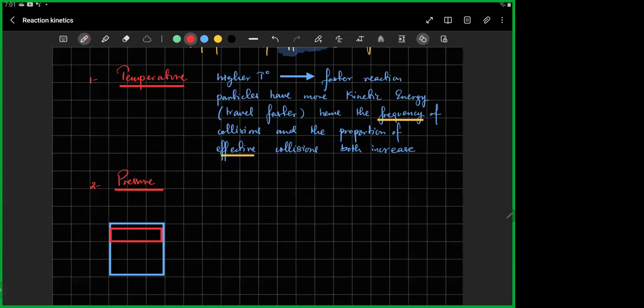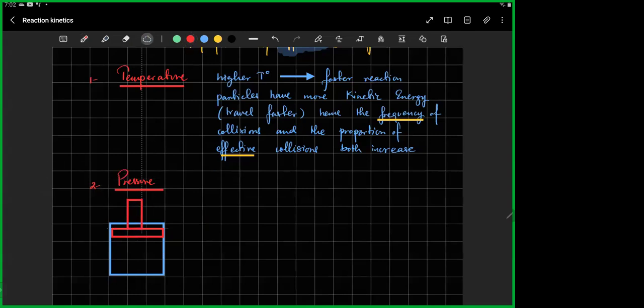So it's got a movable piston, and you've got this as well.